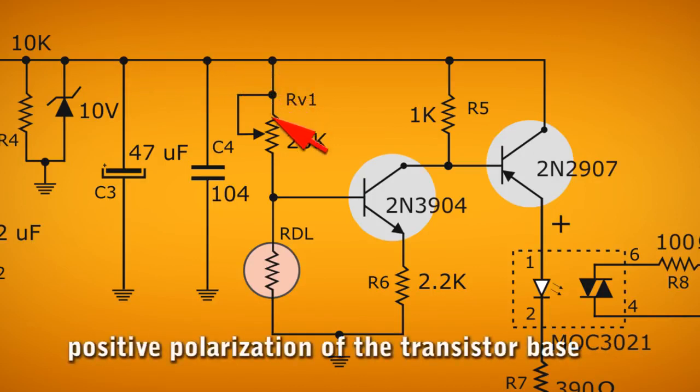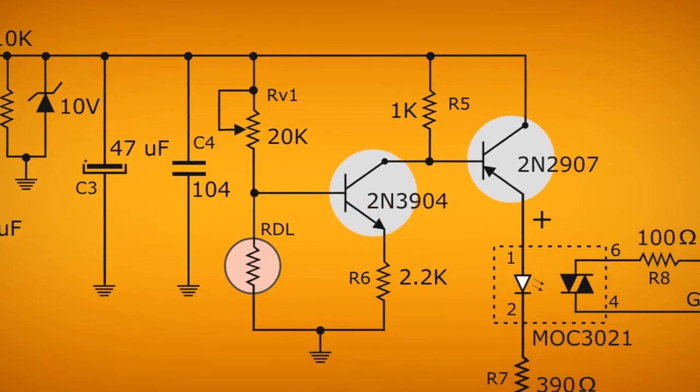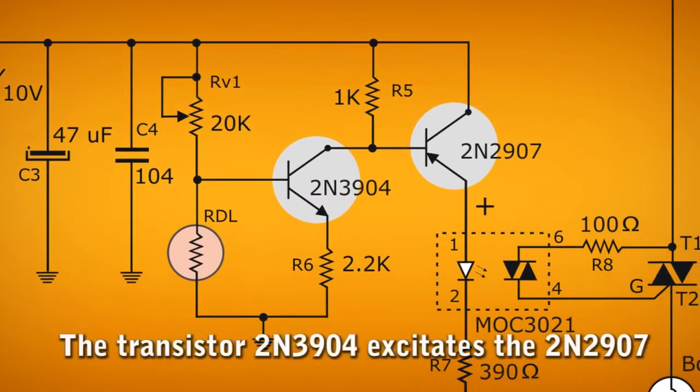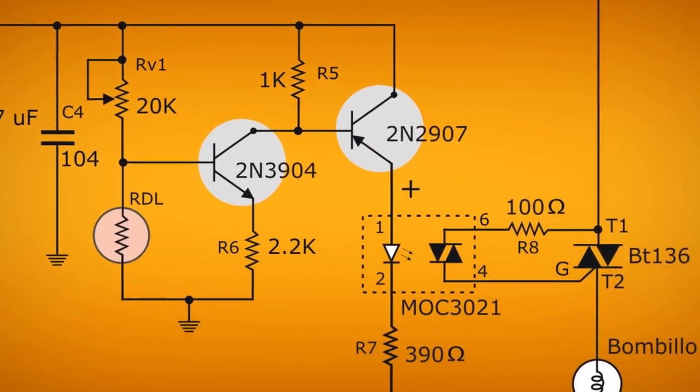At that time, the base of transistor 2N3904 is positively polarized. It is in this moment that the transistor conducts from collector to emitter, negatively biasing the base of the 2N2907 PNP transistor. This means that a negative voltage arrives at its base.